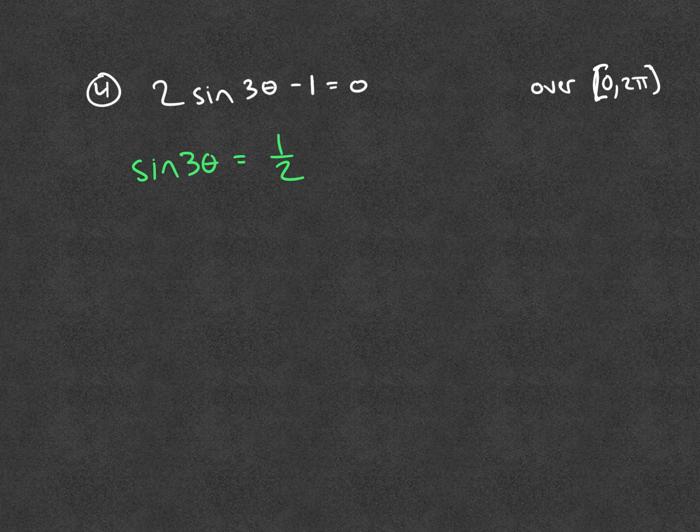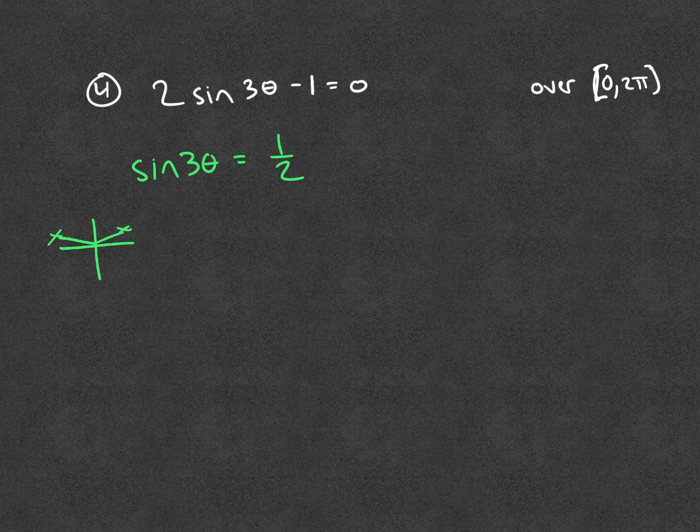That's going to compress the trig of sine 3 theta, so we're going to have more solutions than we typically would. So what I like to do here is still figure out where sine is equal to 1/2, and that's pi over 6 and 5 pi over 6.